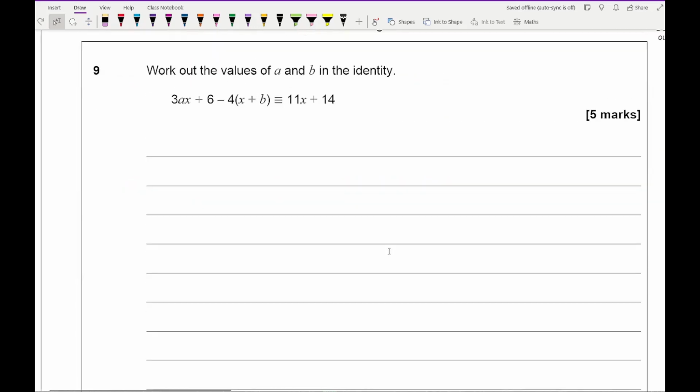Moving on to question 9, it says work out the values of a and b in this identity. So what we need to do here is compare the coefficients. The first thing I need to do is expand this left hand side. So here I've got 3ax plus 6 minus 4x minus 4b, and that is equivalent to 11x plus 14.